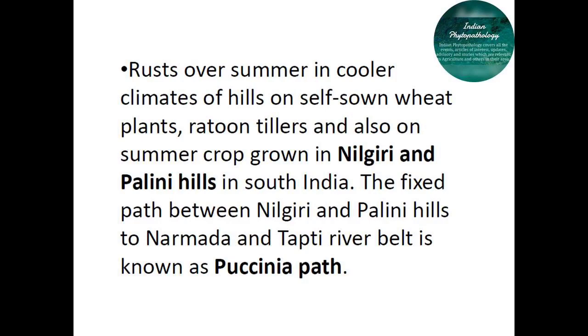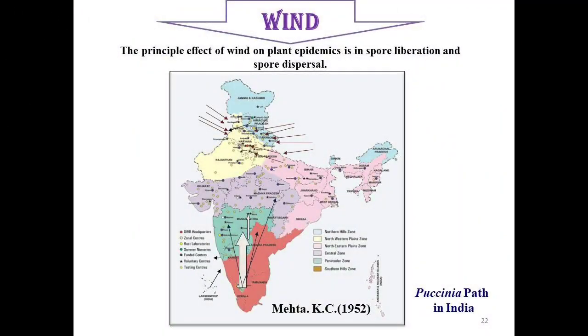The fixed path between the Nilgiri and Palni hills to the Narmada and Tapti rivers is known as the Puccinia path. Nagarajan and Singh and K.C. Mehta are some of the scientists who worked on this path. You can see the wind direction in this image.